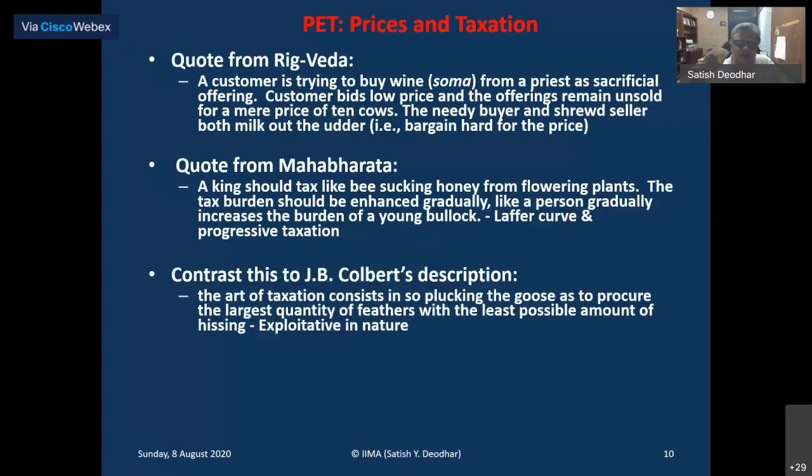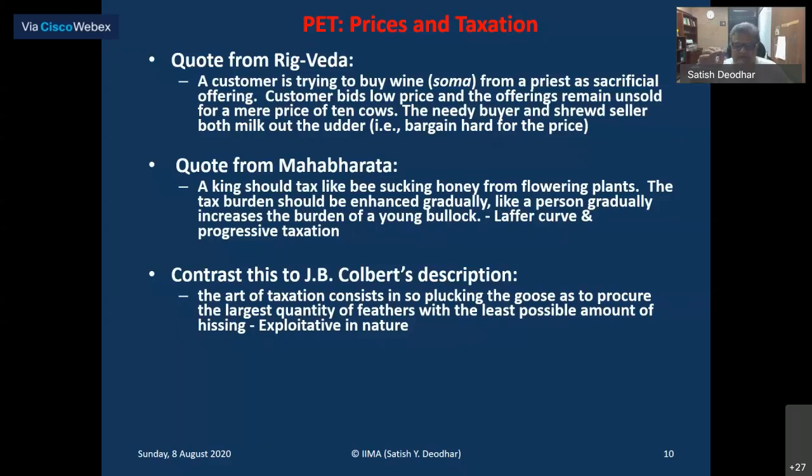Now contrast this to what J.B. Colbert, a French economist, said. He said the art of taxation consists in so plucking the goose as to procure the largest quantity of feathers with the least possible amount of hissing. Now, of course, he's trying to give an impression that the bird should not be troubled too much.